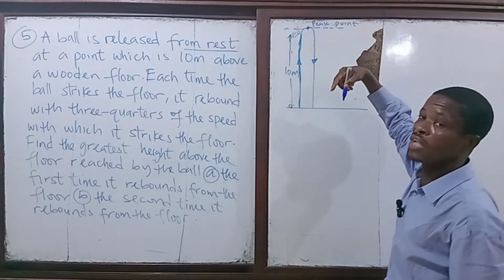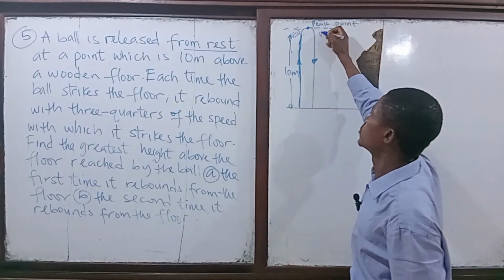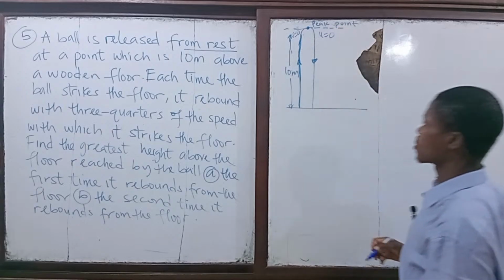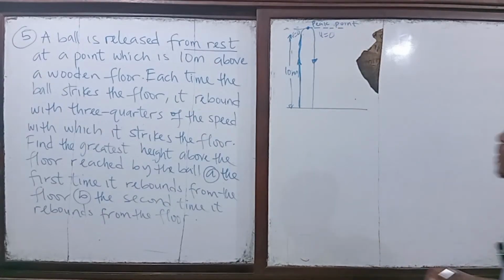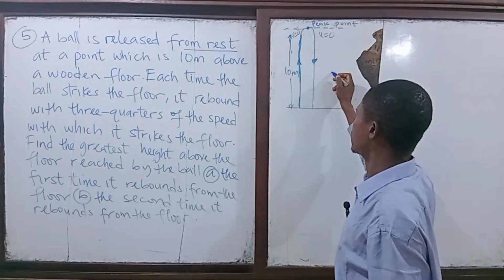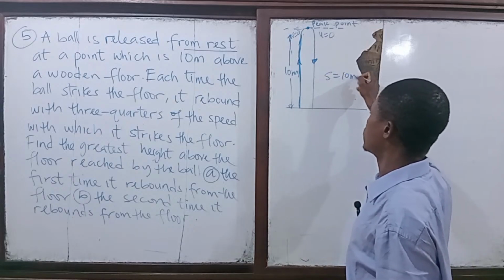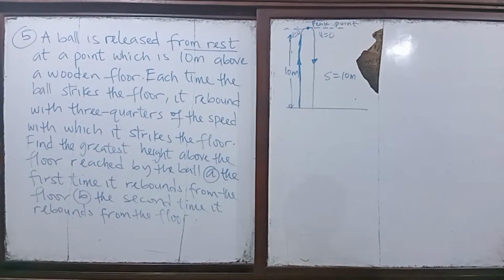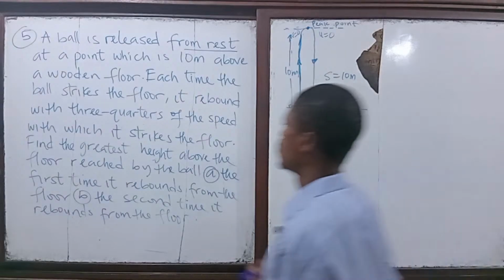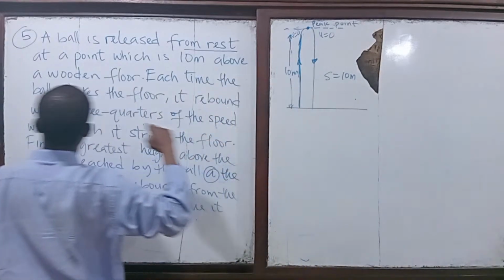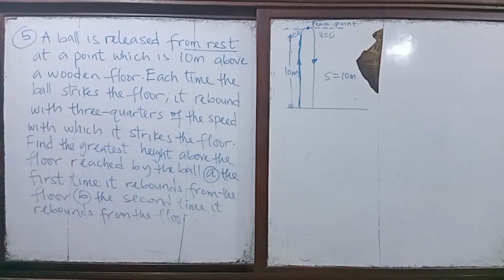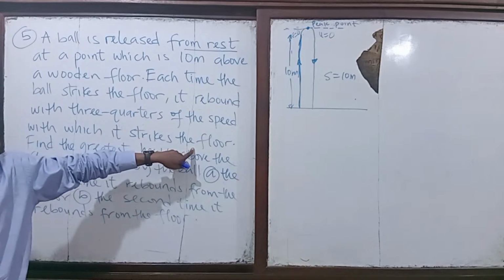And when you drop an object from a height, your u is 0. So we have x at 10 meter. Each time the ball strikes the floor, it rebounds with 3/4 of the speed with which it strikes the floor.